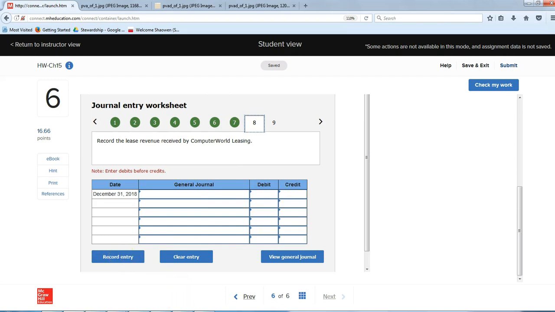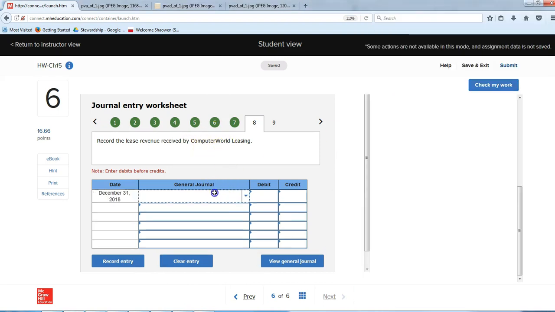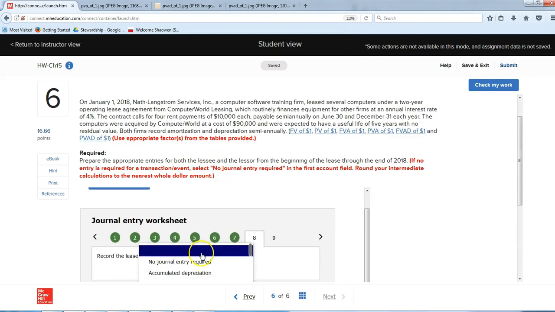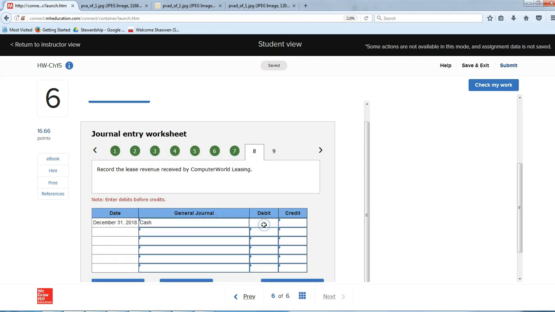December 31st, 2018, lessor received another $10,000. So that's debit cash for $10,000. Operating lease doesn't involve any interest revenue.